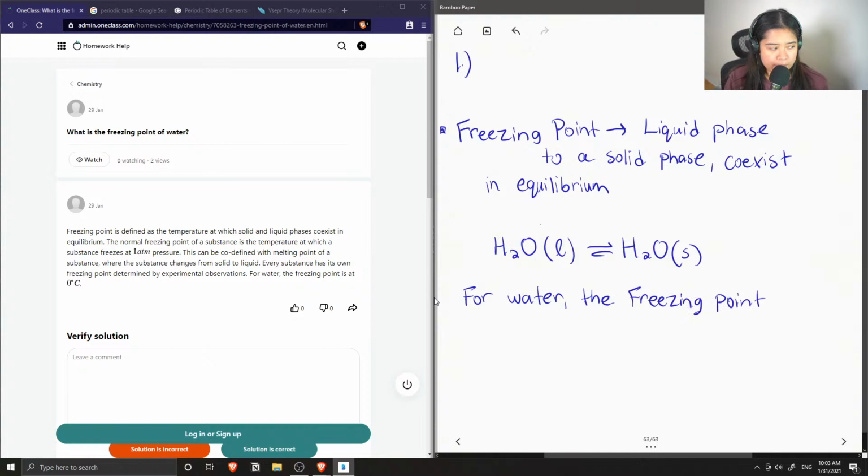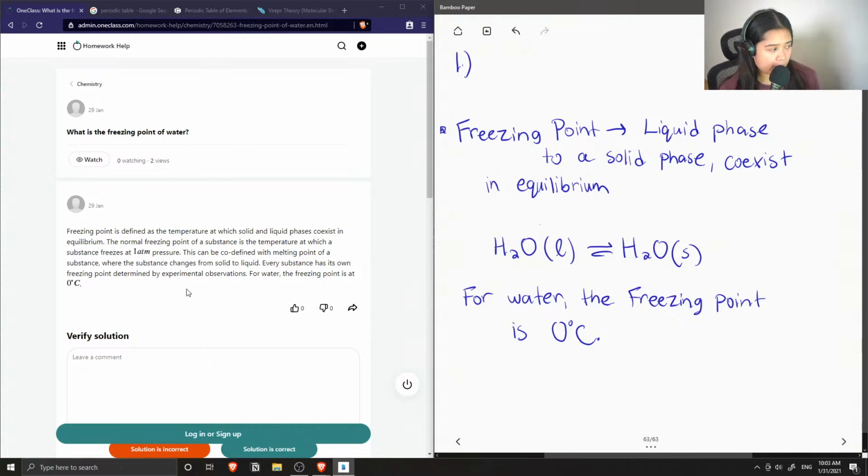So when the temperatures are greater than 0 degrees Celsius, our water is in its liquid form, and when it's below 0, like in the negatives, this is when you have ice or snow even.